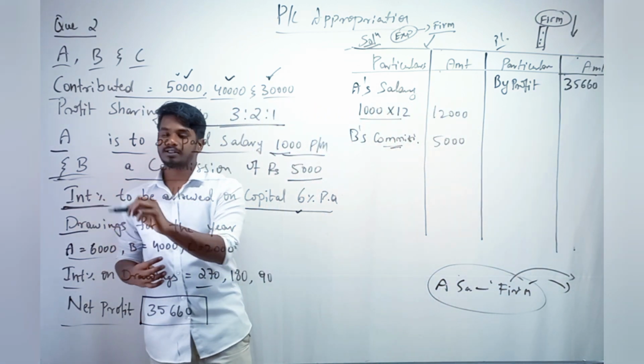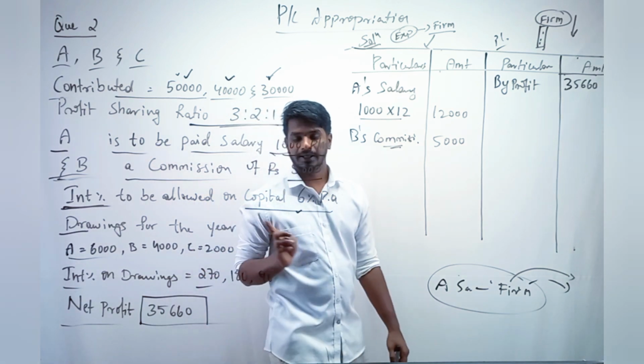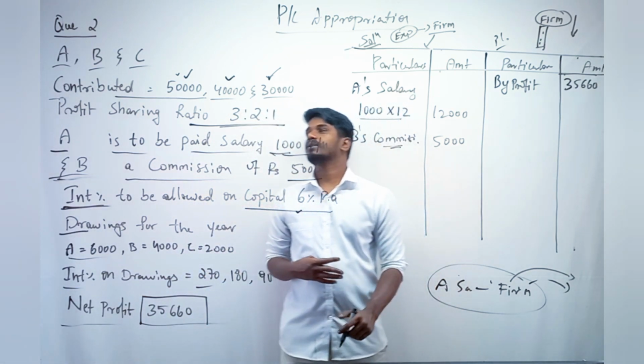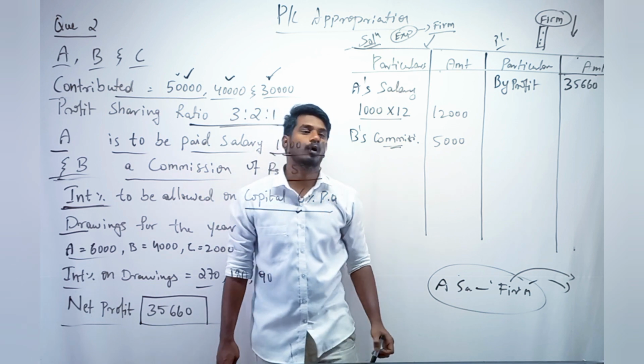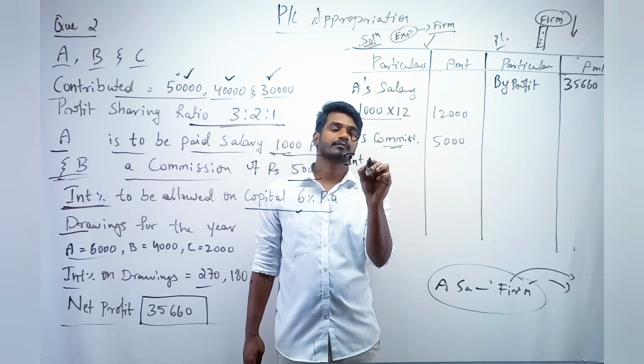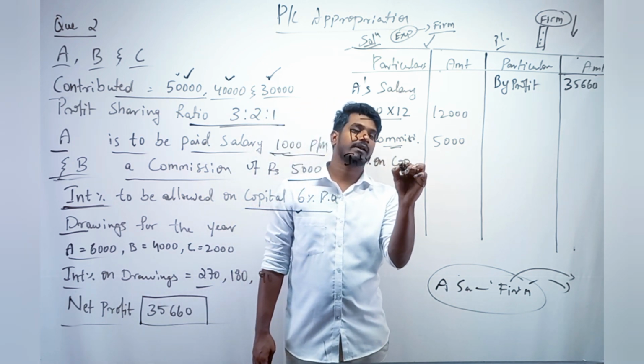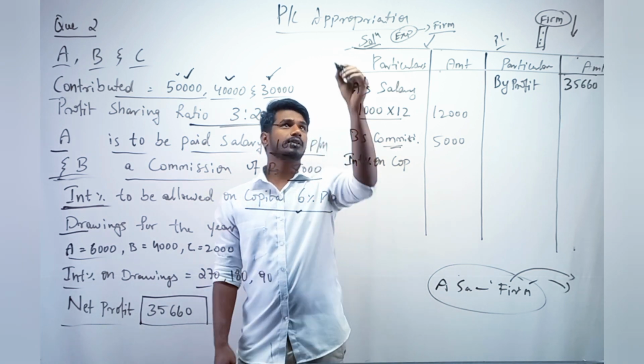Next, interest to be allowed on capital, that is 6% per annum on these amounts. Write interest on capital in full.